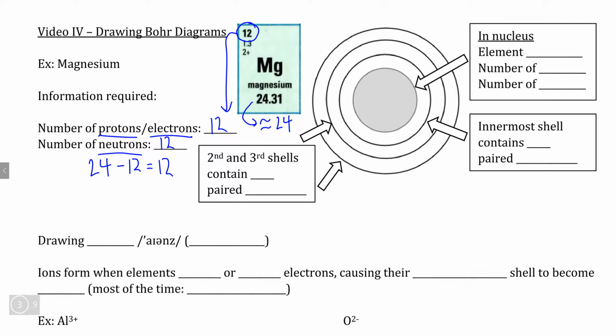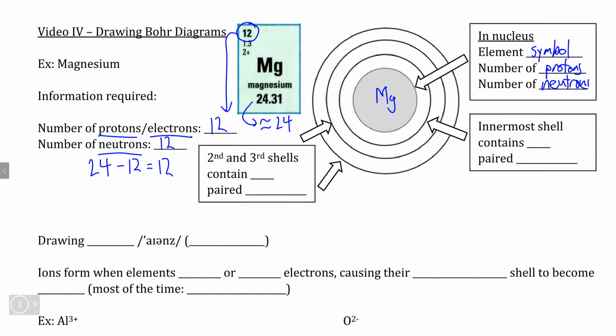Now that gives us all of the information that we need in order to write the nucleus structure in the Bohr diagram for magnesium. So we start with the element symbol because we need to know what our element is. So let's put Mg, the chemical symbol for magnesium, in the center. And inside the nucleus, because protons and neutrons are the subatomic particles that we find in the nucleus, we're going to indicate how many protons and how many neutrons magnesium has.